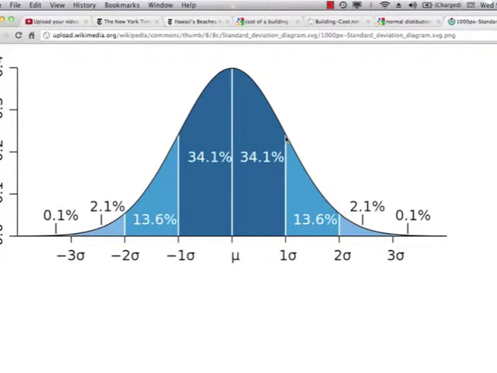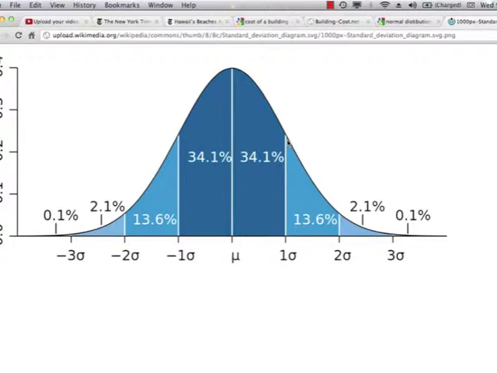How do I find this standard deviation? There's two answers to that. There's the algebraic, experimental answer, and then there's the calculus answer.